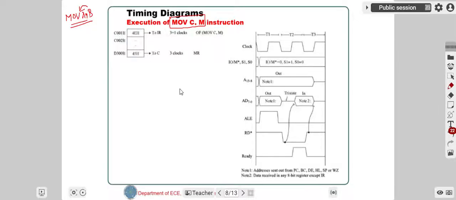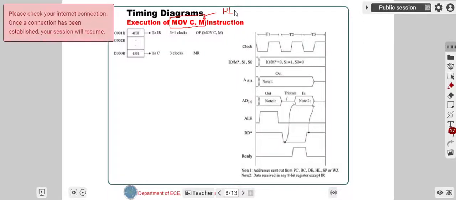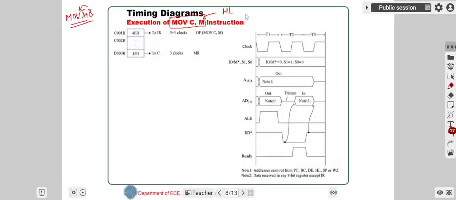Okay. So what is MOV C comma M? The contents of this memory pointer, which is indicated by the HL register pair. The contents of the HL register pair would be some address.